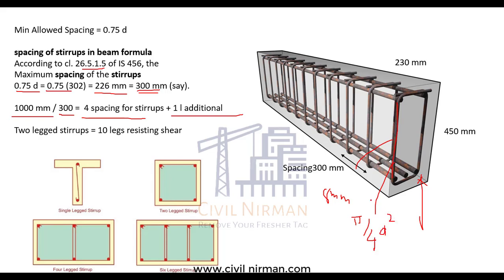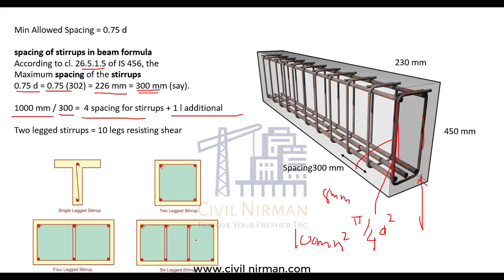So your stirrup has 1 and 2 legs, so 100 mm square is the area, right? So based on that, you can work out that particular area for 2-legged or 3-legged stirrups.